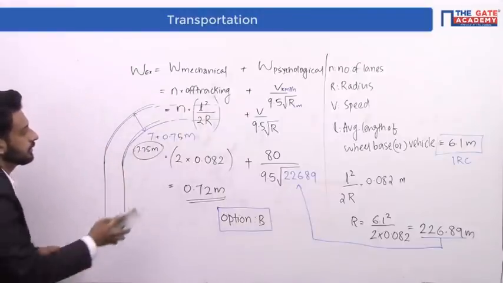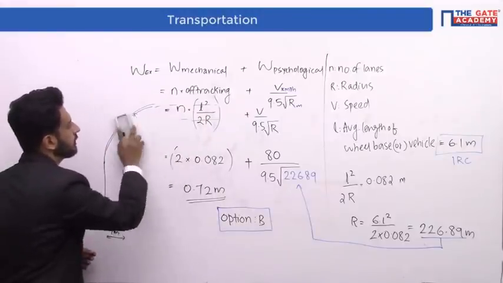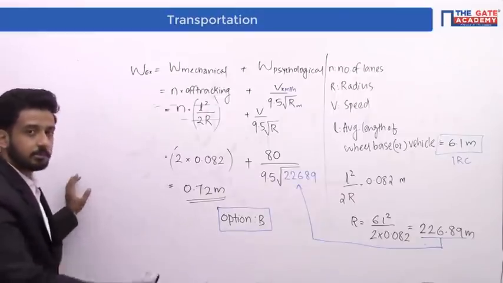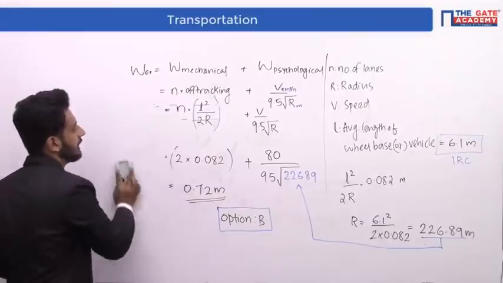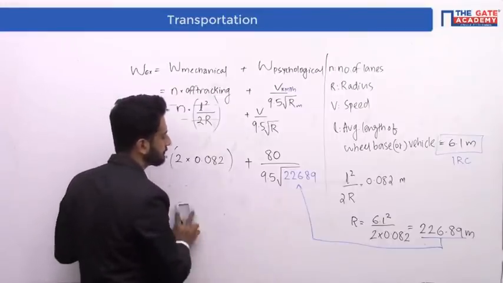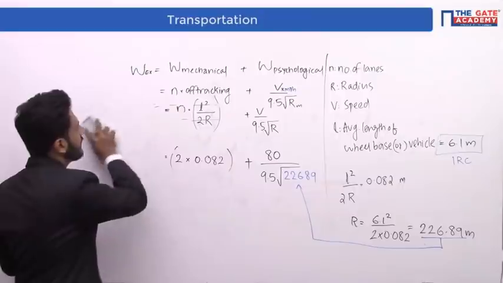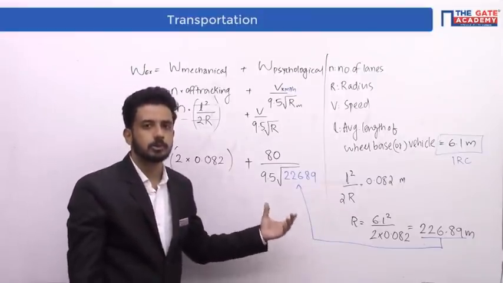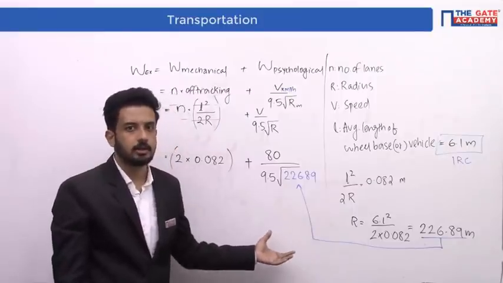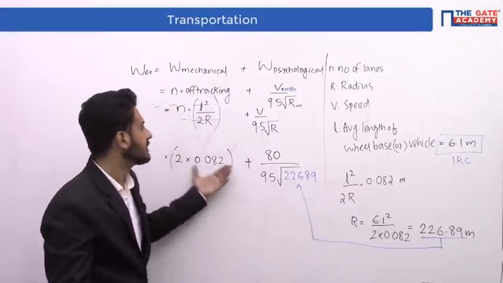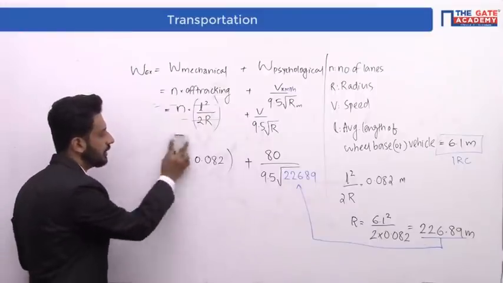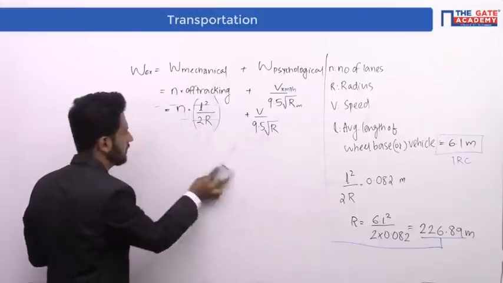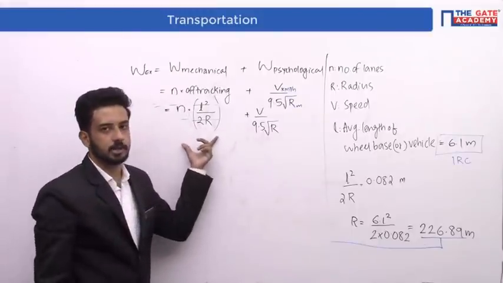Okay. Go through the solution and understand what all things we have done. Always remember that value of average length of wheelbase. And whenever they are asking the total extra widening, it is the sum of two. So they may not be asking the total every time. Sometimes they can ask you what is the extra widening required due to the mechanical features, means only this part.